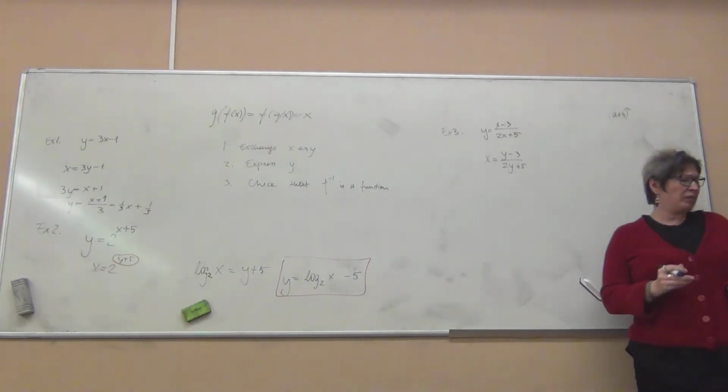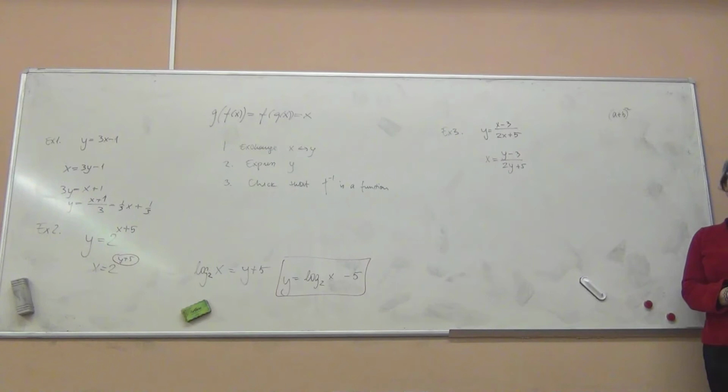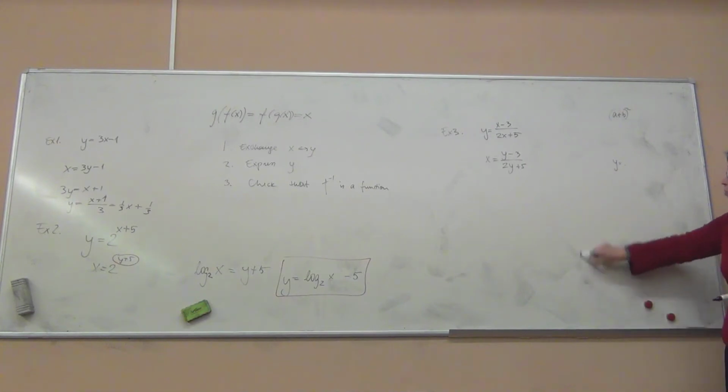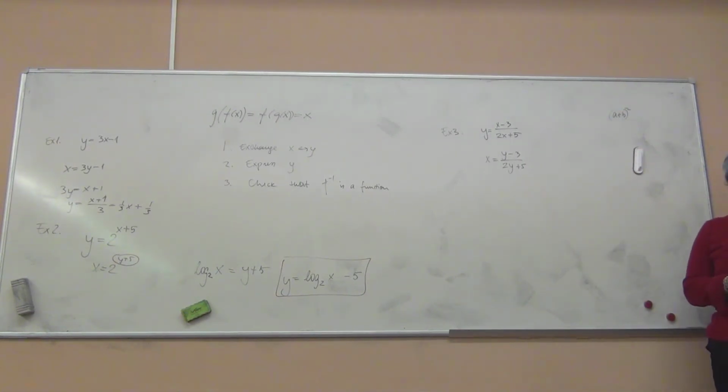How do we express y from this? What can we do about this one? Practically, of course, we understand we need to express y in terms of x. But in practice, how is that possible? What could we possibly do?